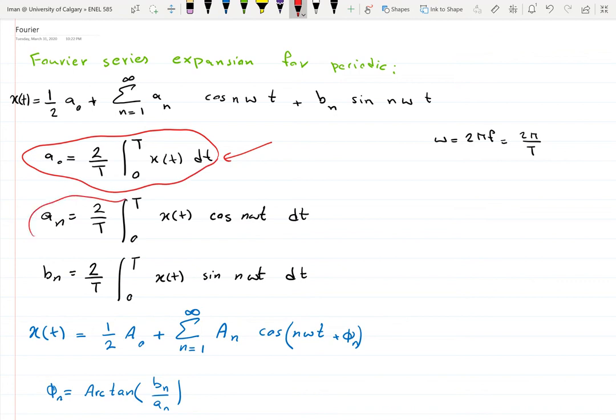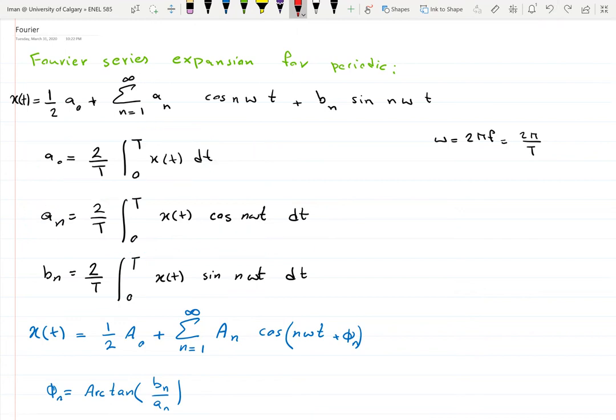And an can be found from this equation here. You integrate 2 over the time period, from 0 to the time period, x of t, which is your function, times cosine of n omega t dt. And bn is the same thing except that it's sine of n omega t dt.